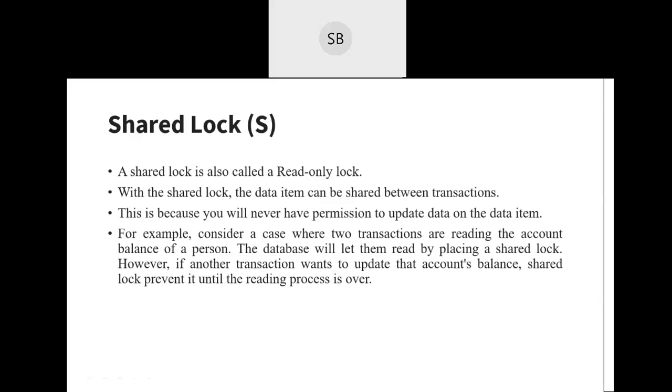Because reading can be shared, if we apply that lock, we are allowed to read the transaction at the same time, but we are not able to make any update. If we want to make any update, then we have to use the exclusive lock, not the shared lock. Shared lock does not allow you to update the value. You can only see the details of it.